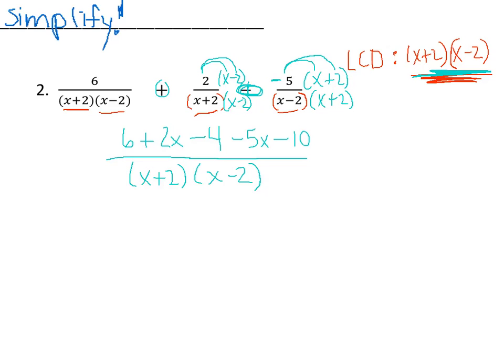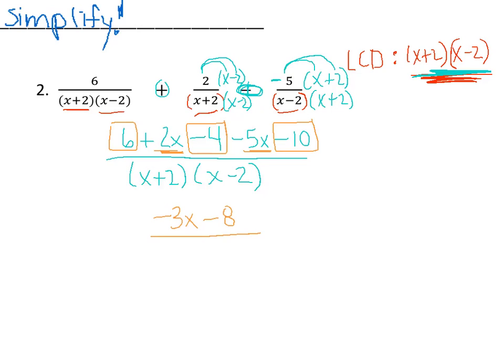Okay, now let's go ahead and combine our like terms. So what do I have in common? Let's see, I have this 2x plus a negative 5x, and that gives me negative 3x. I have 6 minus 4, which gives me 2, and then 2 minus 10, which is minus 8.